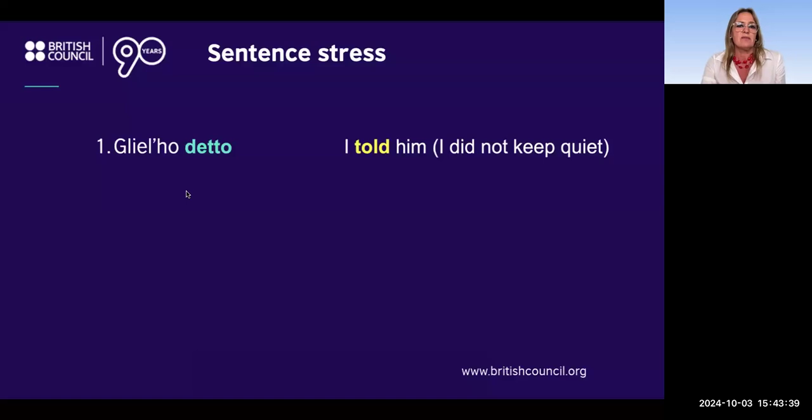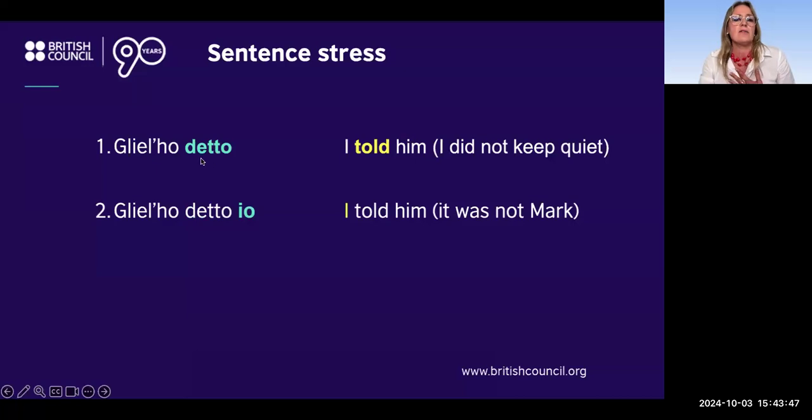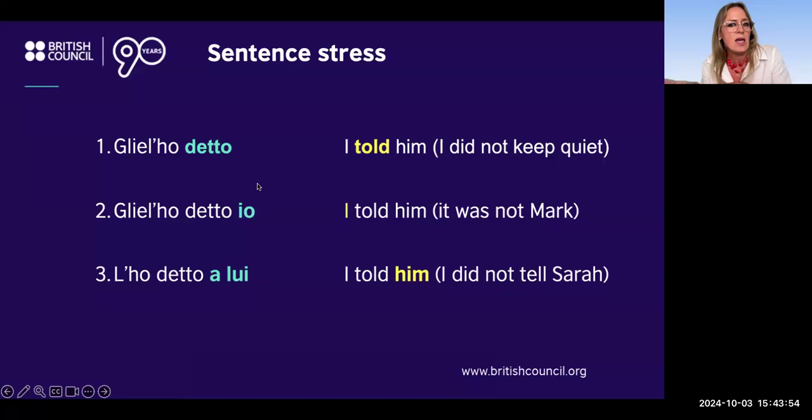For instance, if we wanted to say, I TOLD him, meaning I did not keep quiet. Or I told HIM, so it was not Mark who told him, it was me. Or I told him, I did not tell Sarah though. These are all written in the same way.